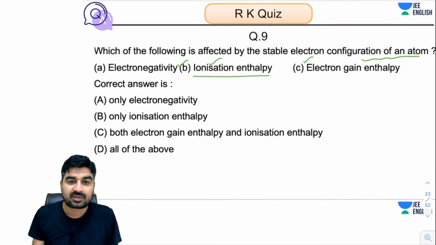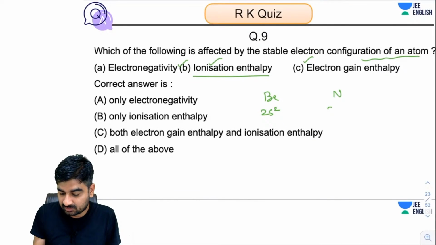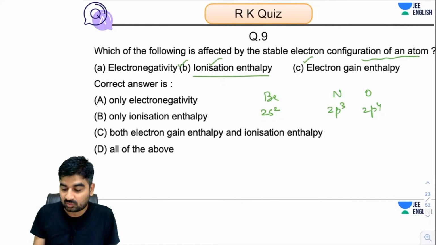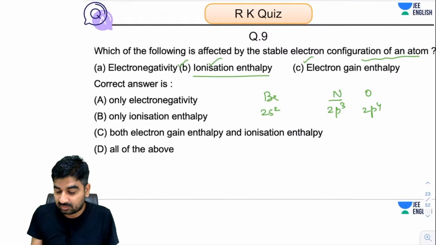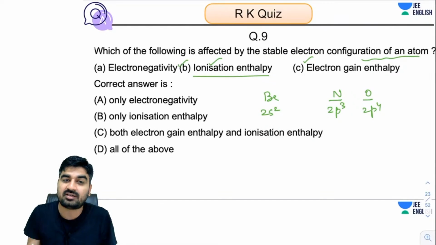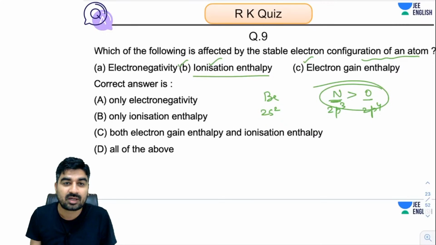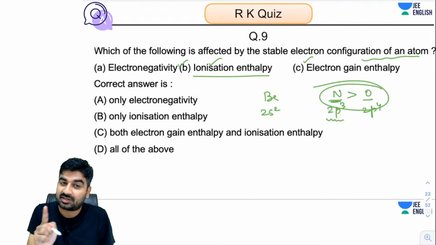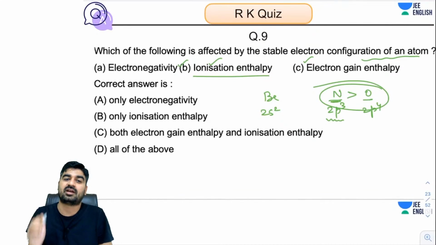Ionization energy, as we discussed, if it is beryllium 2s2, nitrogen 2p3 and oxygen 2p4. So among nitrogen and oxygen, which will have higher ionization energy? It is nitrogen. Why? Because it is exactly half filled. Similarly, because it is exactly half filled, it is stable. It does not want to accept one extra electron.